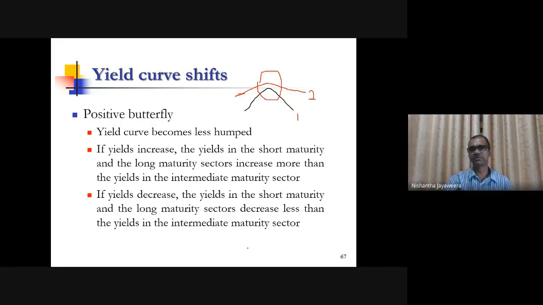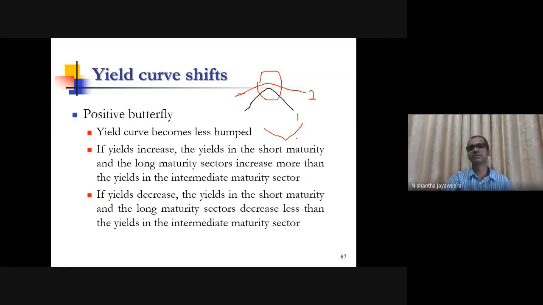If you plot just the change, it would be something like that. That's why it's called a butterfly. This is the change, not the curve. Interest increases more in the short end and the long end. Intermediary area, interest increases only by a small amount. It's like a butterfly. That's why it's called positive butterfly.